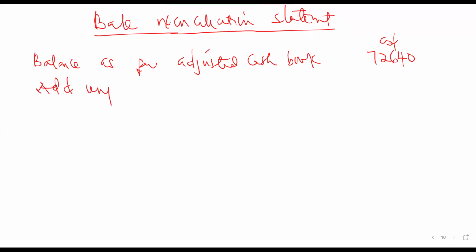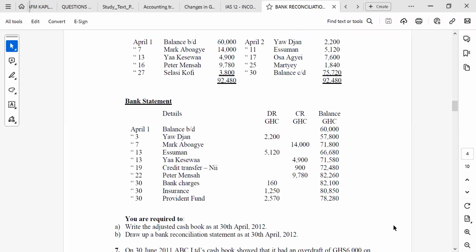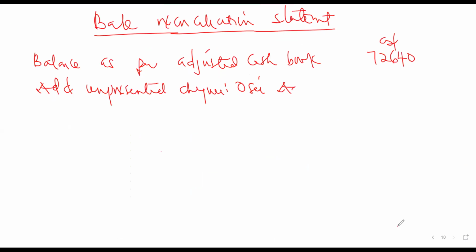Unpresented checks. We can put the figure together, or you can mention the names of the people. So what are the names of those people? We have Osei, Ejay, and Mate. Osei is 7,600.